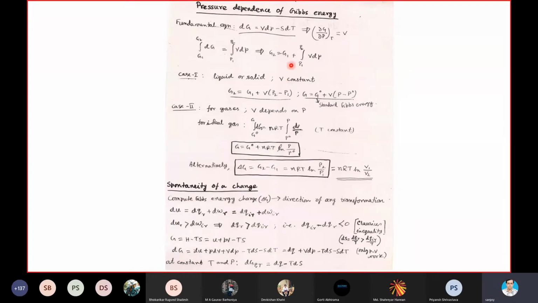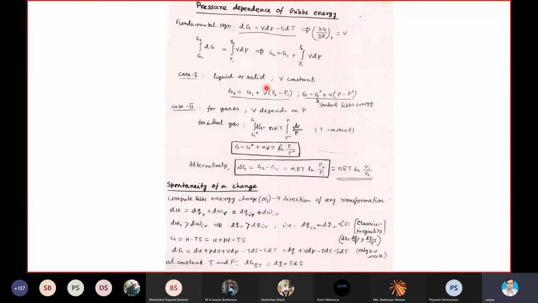So if I know the Gibbs energy at a particular pressure P1, I'll be able to find the Gibbs energy at another pressure P2 from this expression. This is a doable expression because it involves only V and pressure. You can use the equation of state, write V in terms of P, and then integrate it out.